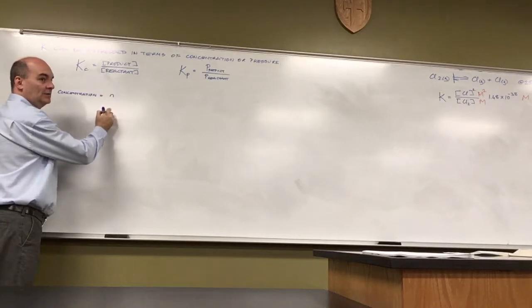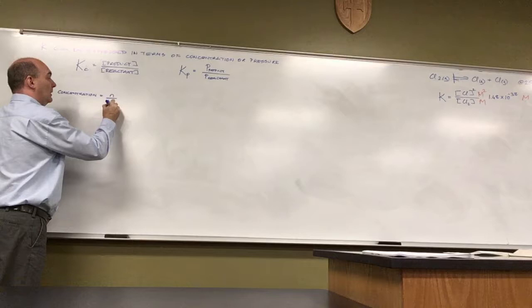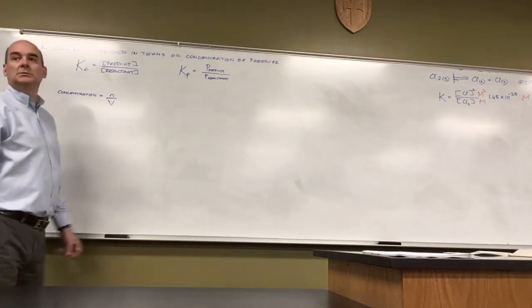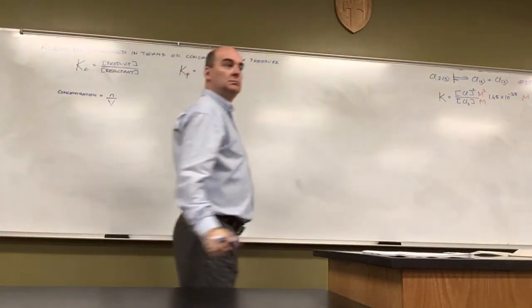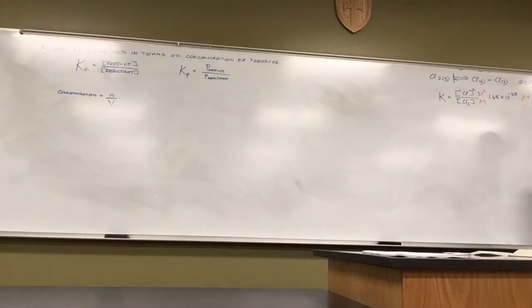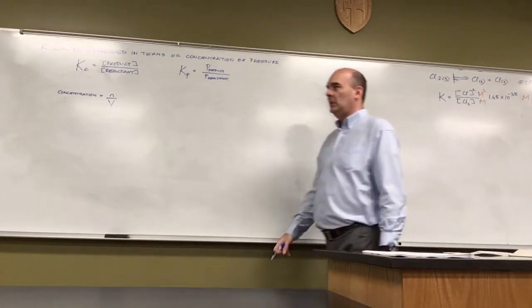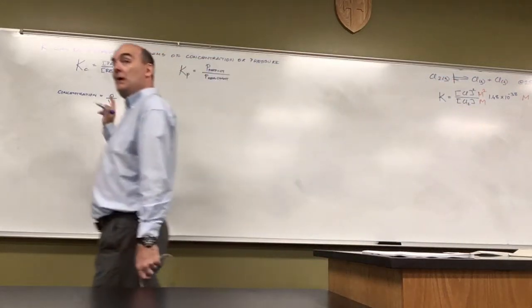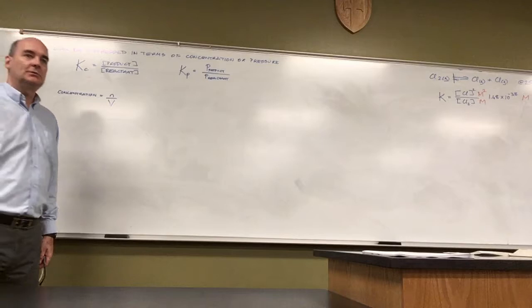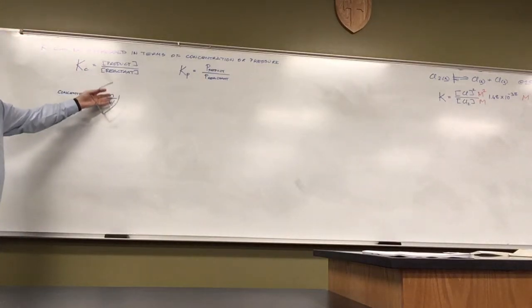Moles, given symbol n, lowercase, over volume, given symbol uppercase V. And if we quantified the V to be 1 liter, we now have molarity, not just concentration. Concentration is number of moles per unit volume.